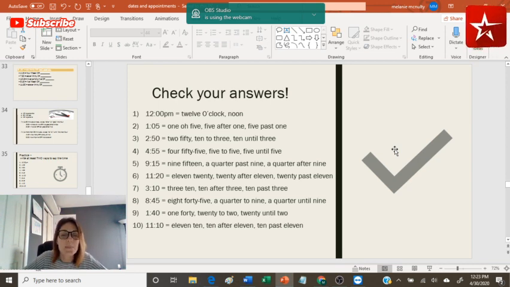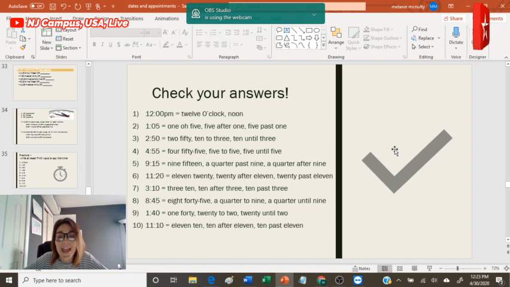Number 6, 11:20, 20 after 11, 20 past 11. Number 7, 3:10, 10 after 3, 10 past 3.